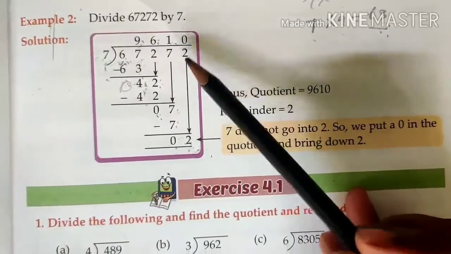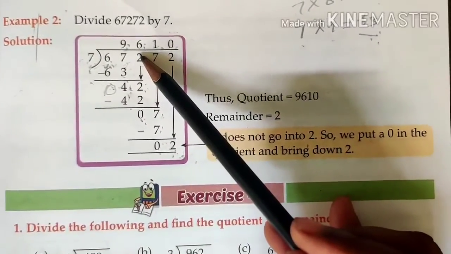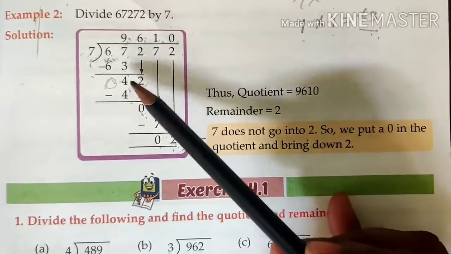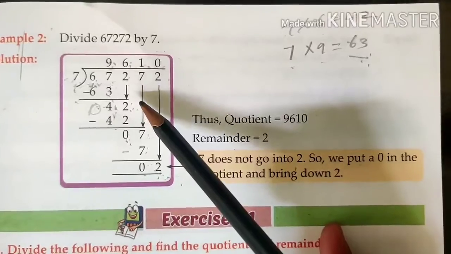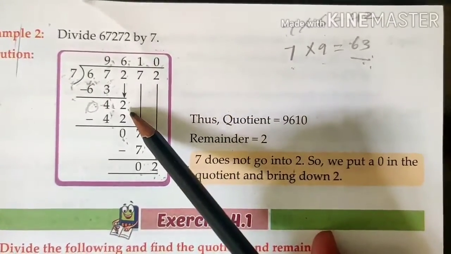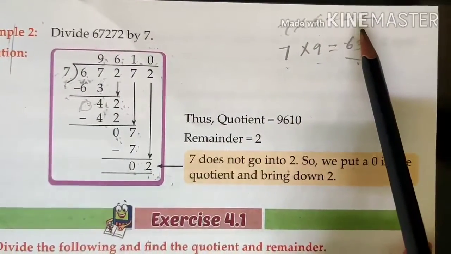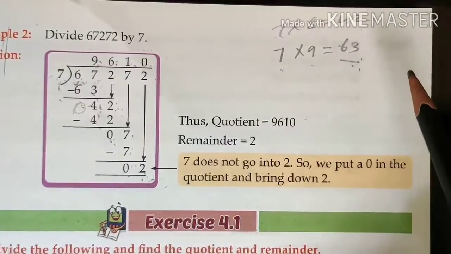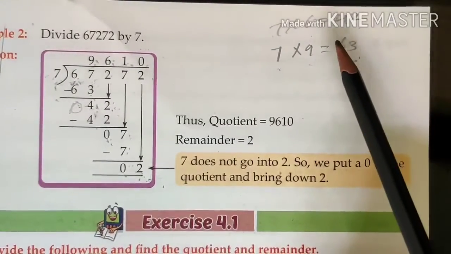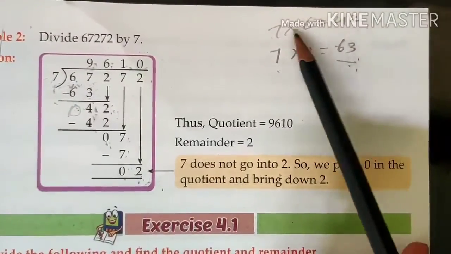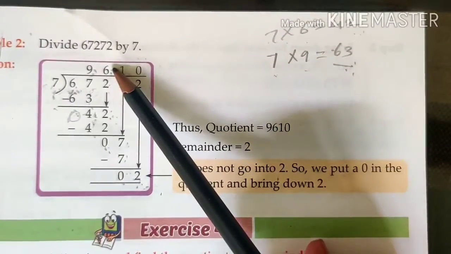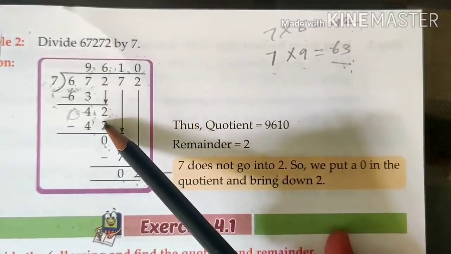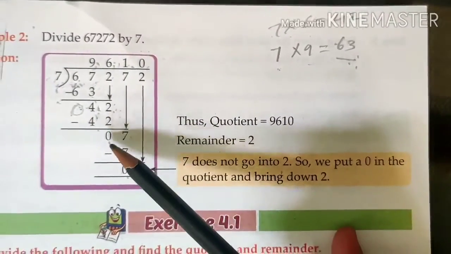Division is not possible. So we bring down the next digit, that is 2. Now it became 42. Again we should say how many 7s are there in 42. We can take an equal number also, otherwise we take the smaller number. Here we got an equal number, 7 6s are 42. Then write 6 as the quotient, write 42 below 42 and subtract it.